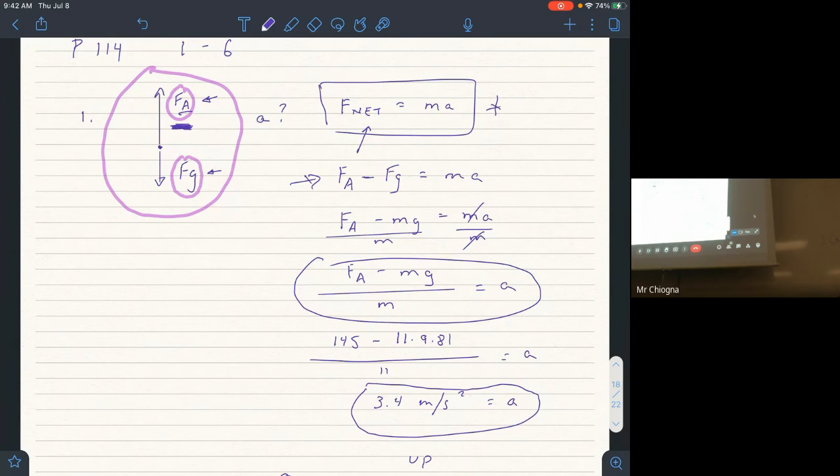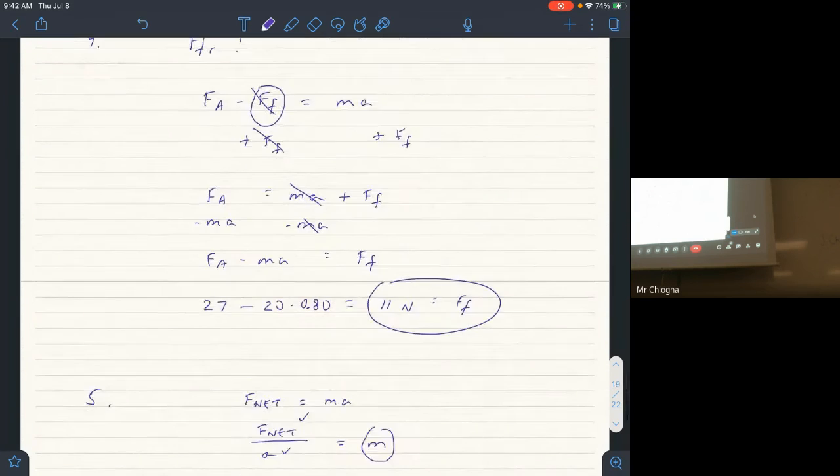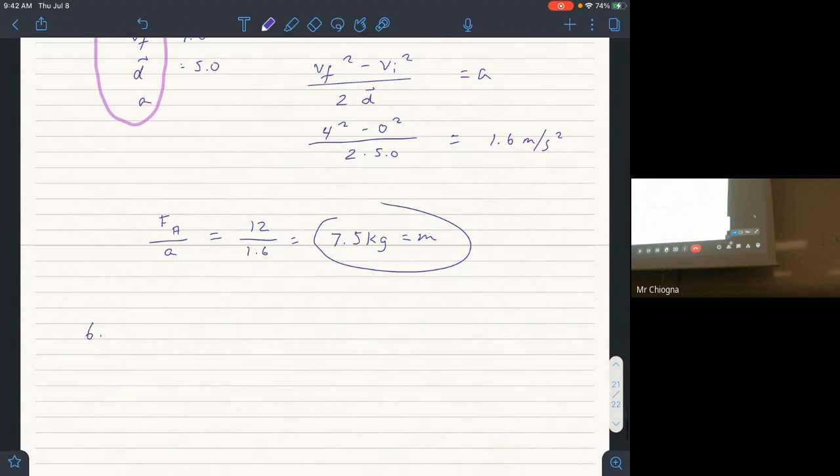Okay. Number 6 is just number 1. Same equation, same free body diagram. So number 6 is, I'm just going to rewrite the equation. That's it. Except it's asking you for the applied force, so just rearrange for that.